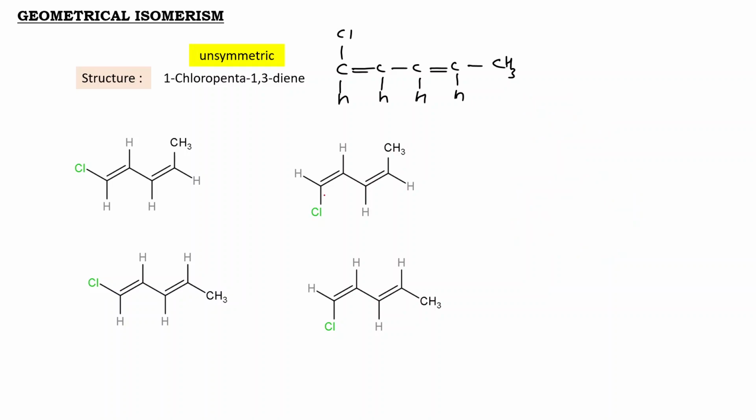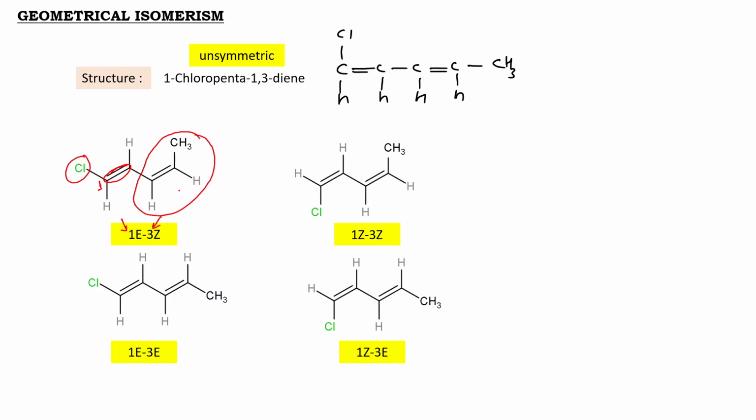So let's see here. We have these four possible molecules, and we can name them according to the configurations of the double bonds, and we can also use the number to represent which double bond we are talking about. Here, like you have 1E, so this is the first carbon, right? So this is the double bond at carbon number 1. This is in the Entgegen configuration, as you can see that the higher priority groups are opposite to each other.